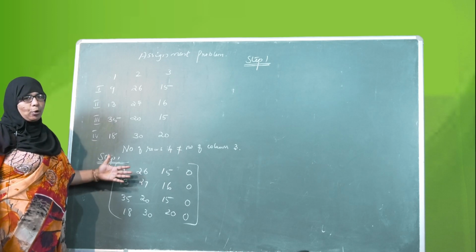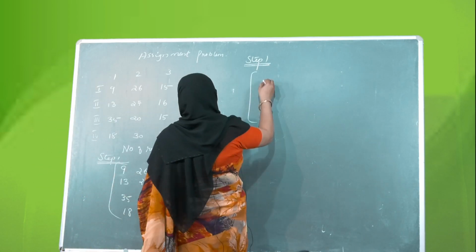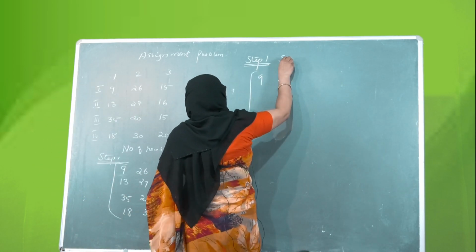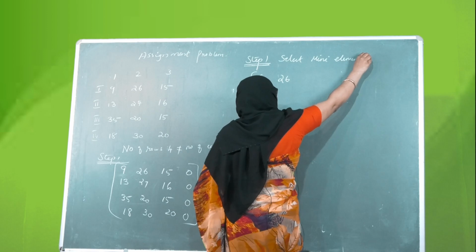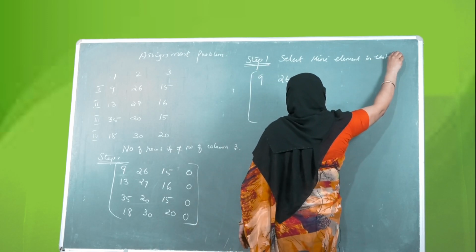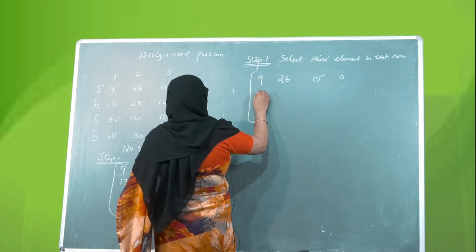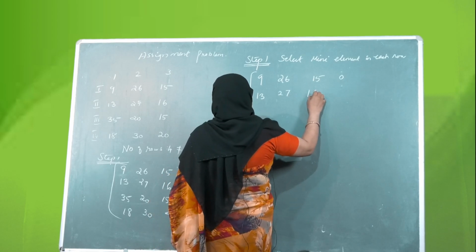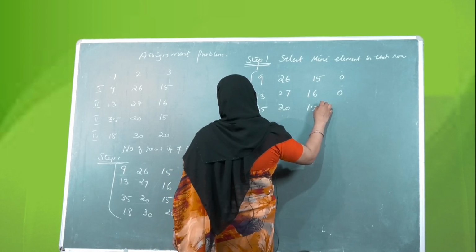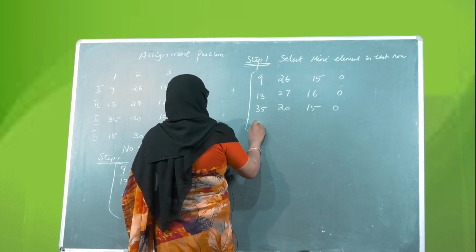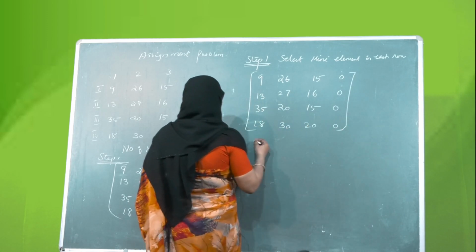So the first row, second row and third row remain unchanged. Select the minimum element in each row. So 9, 26, 15, 0, 13, 27, 16, 0, 35, 20, 15, 0, 18, 30, 20 and 0.